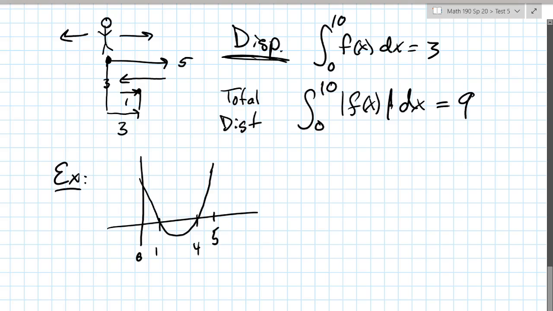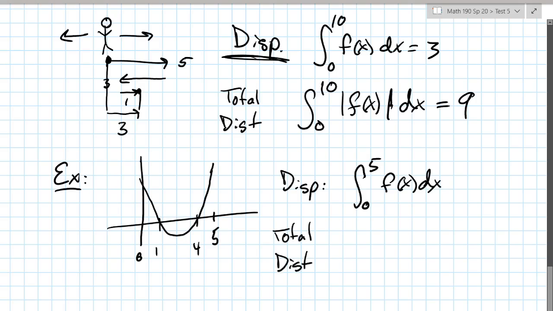If I wanted to find the displacement, then I would just integrate from 0 to 5 of f of x dx. If I wanted to find the total distance traveled, I would need to integrate from 0 to 1. That gives me a positive, so that's okay. Minus from 1 to 4, since that's area under the x-axis.